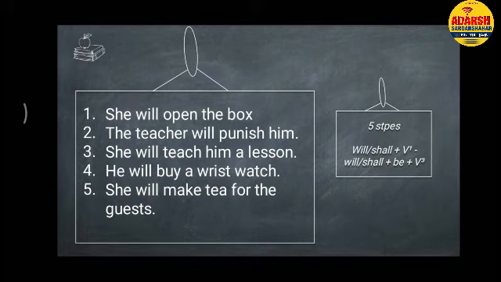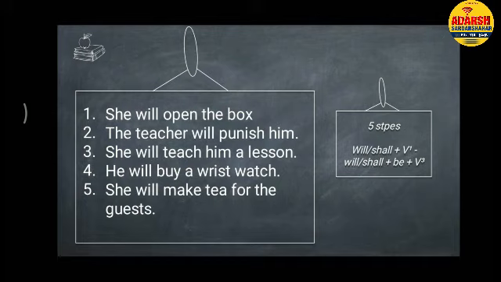And don't forget our 5 steps. With the help of these 5 steps, you will convert our sentences, right? Now let me repeat here again the helping verb in active, which is will, shall plus verb's first form, while in passive it is will, shall plus be plus verb's third form.